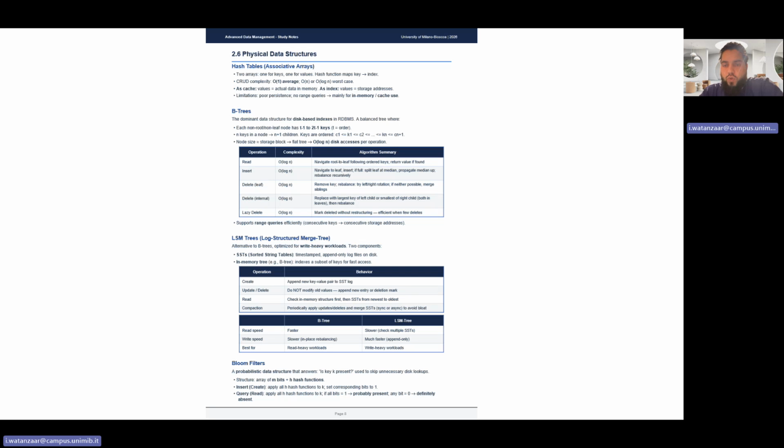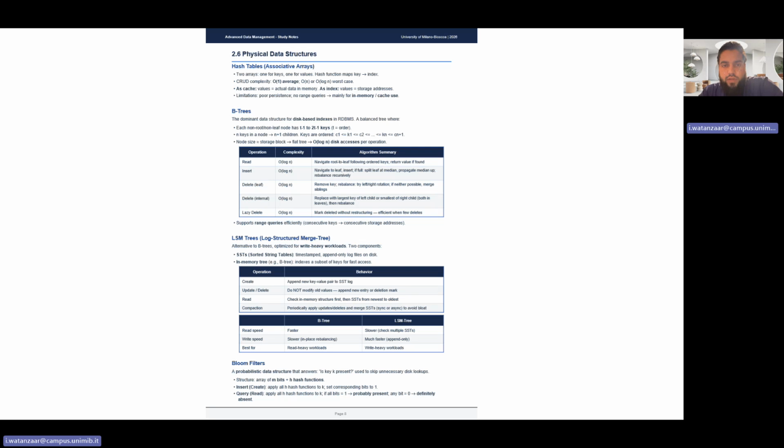We are taking the whole storage block as a flat tree or fat tree; both names are used. All the complexities are listed here; in the worst case most of them are big O of log n. We are discussing the operation, its complexity, and its algorithm summary.